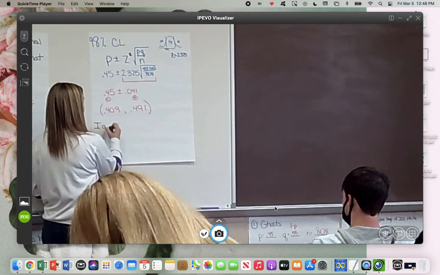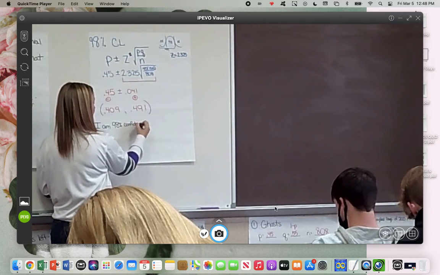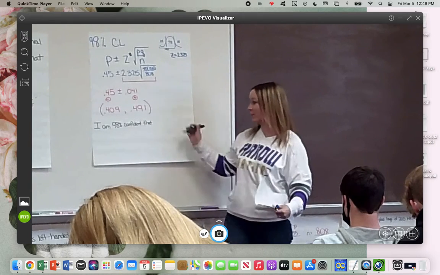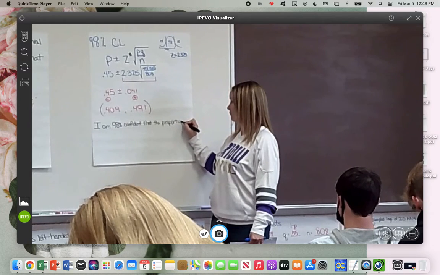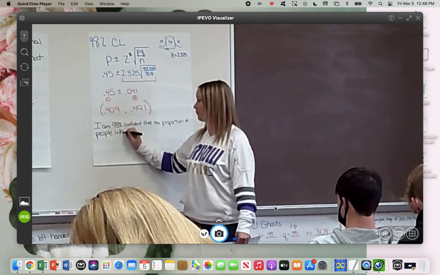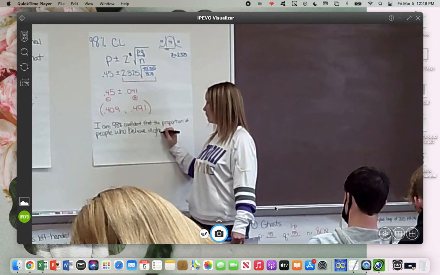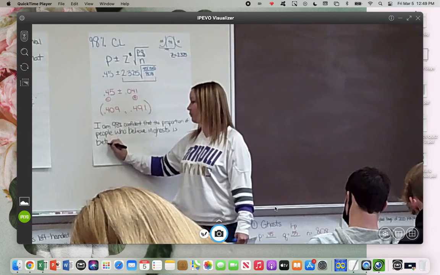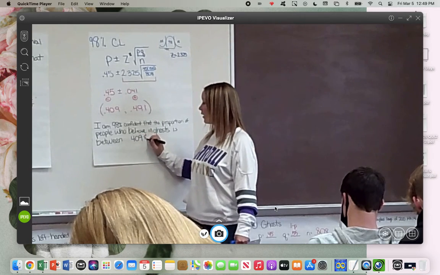All right, so we would say, I am 98% confident that, and say we're still talking about the proportion of people that believe in ghosts, is between, but this time we're just using different numbers, 0.409 and 0.491.